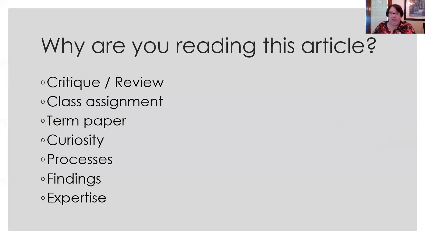Maybe you're just curious about the topic and you want to know what information is out there about it. You might go to a journal article to find processes, find out how they did their study and use it to help you determine how you should conduct a study. Similarly, you might be able to use it to find the findings.